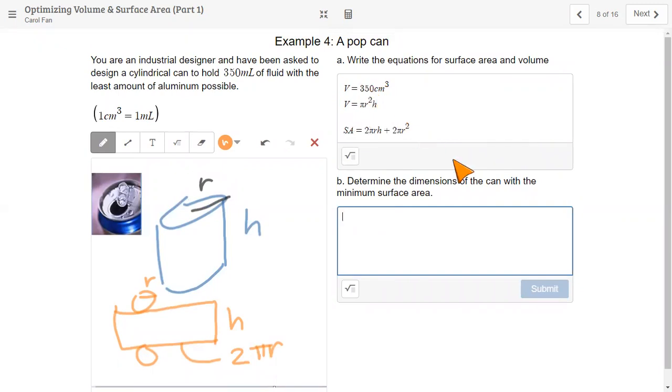Okay, let's rewrite our volume equation. We know that volume is 350, but it's also equal to pi r squared times h. Let me express this as an equation of h with the variable r. So we have h equal to 350 divided by pi r squared.